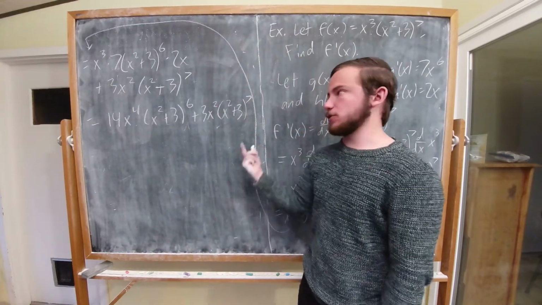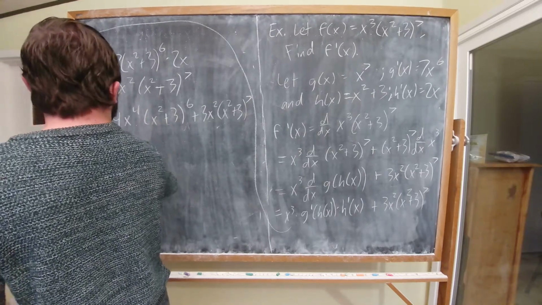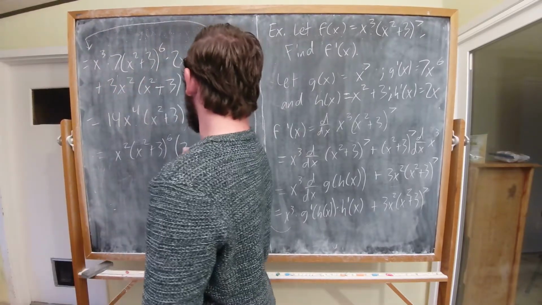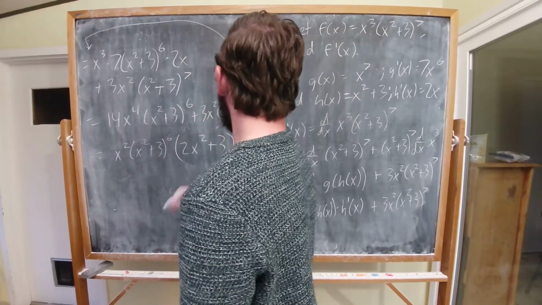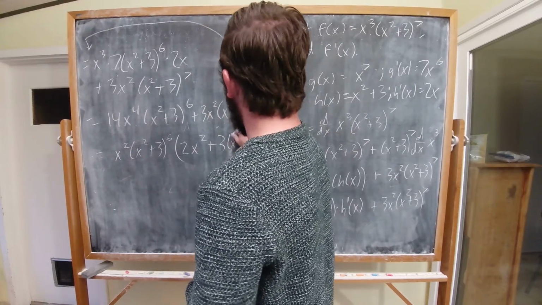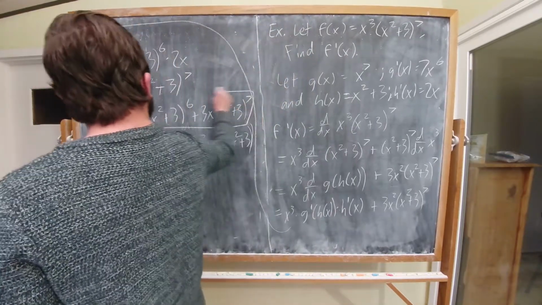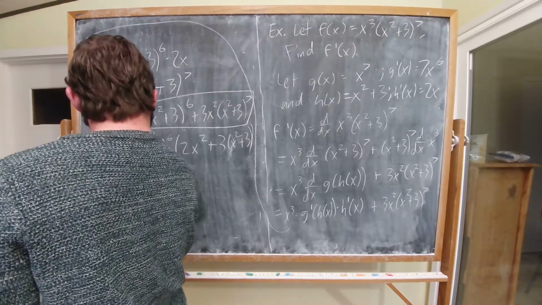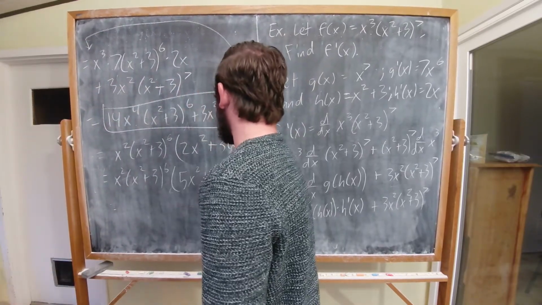That's done. If you wanted to, you can factor stuff to make that nice. That would give you x squared times (x squared plus 3) to the 6th times (2x squared plus 3 times (x squared plus 3)), which you could further simplify as x squared times (x squared plus 3) to the 6th times (5x squared plus 9).